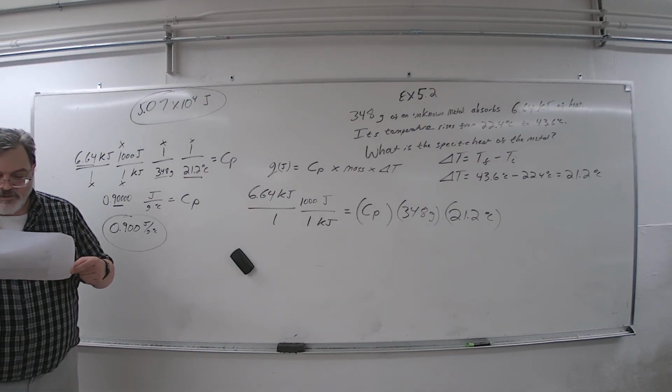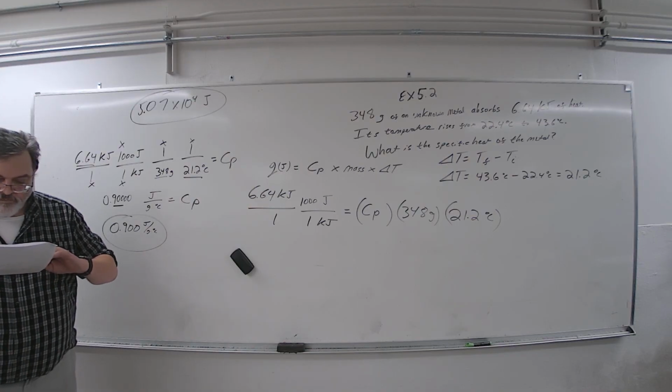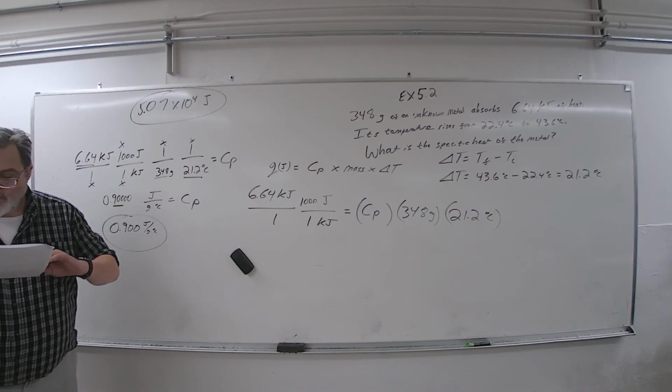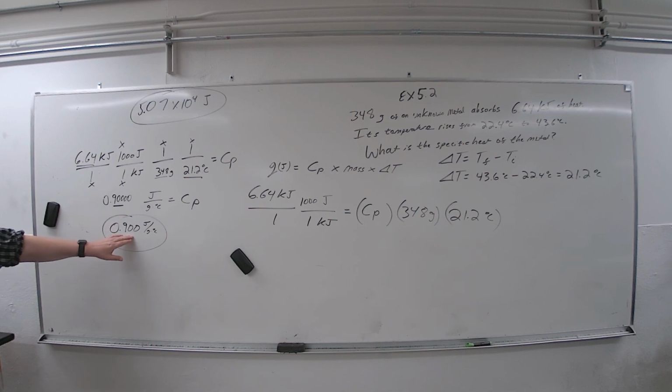Specific heat of aluminum? I don't see it. Oh, 0.897 is aluminum, so I guess we could assume that's probably aluminum. Specific heat really isn't enough to identify a metal because some metals are very similar. Okay, you understand that one? You understand the algebra?